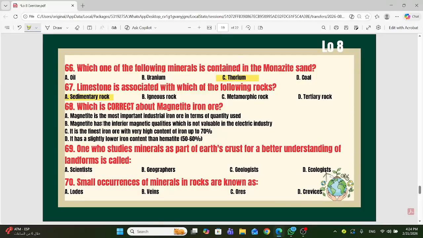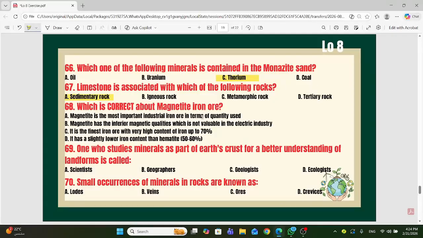Which is correct about magnetite iron ore? Magnetite is the most industrial iron ore in terms of quantity used, while hematite has inferior magnetic qualities which isn't valuable in the electric industry.